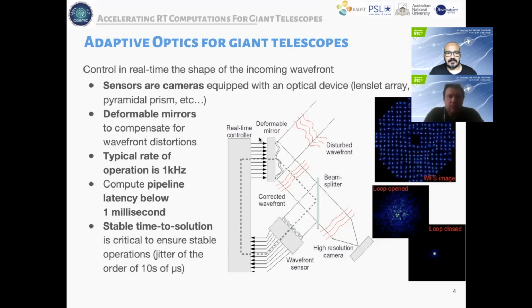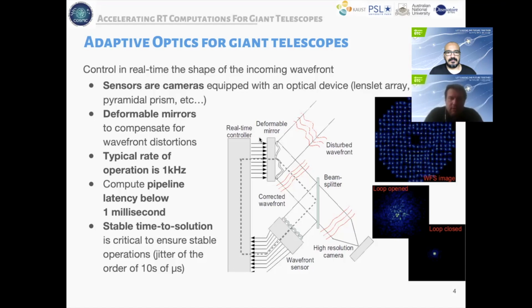It is composed of one or several wavefront sensors that are nothing else than cameras equipped with optical devices that are used to encode the phase information into an intensity. And by interpreting the images from this camera, we can understand how to control the actuators of one or several deformable mirrors to compensate for these perturbations.